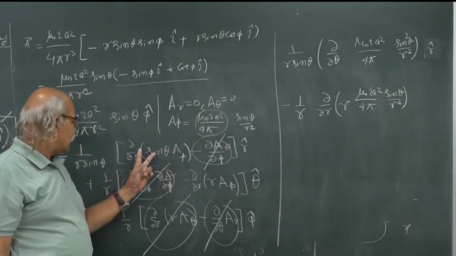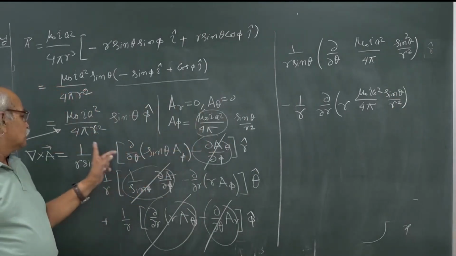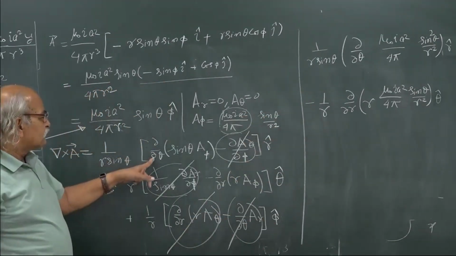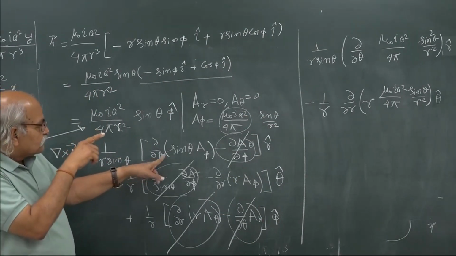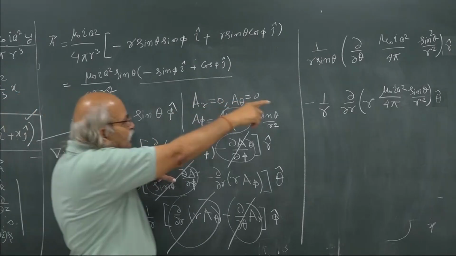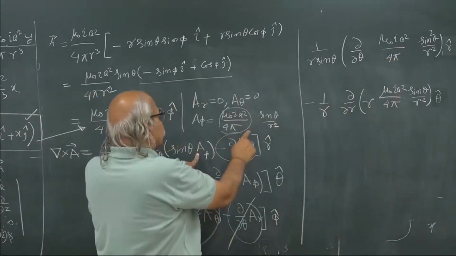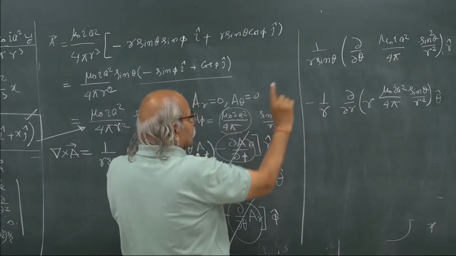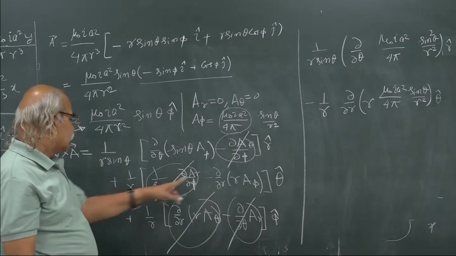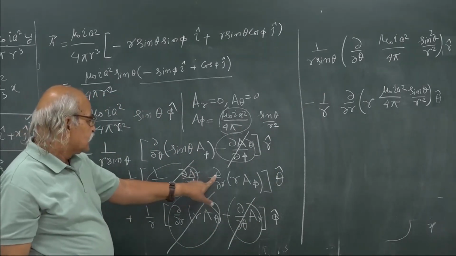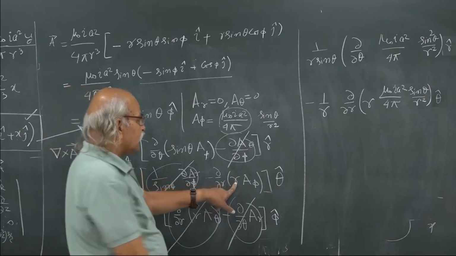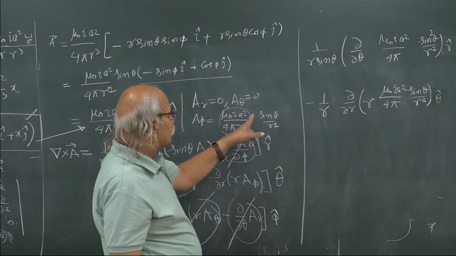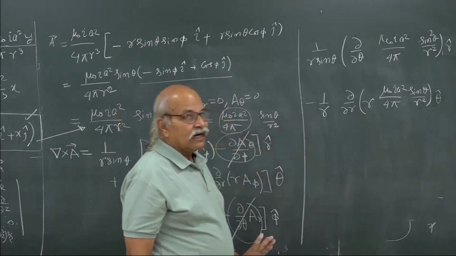So one term surviving here is 1 over r sin theta, del del theta of sin theta, which I have multiplied here, and A_phi is mu naught I a squared over 4 pi and sin theta by r squared. The other surviving term is here, minus 1 by r into del del r. So this r here, and then just A_phi there.